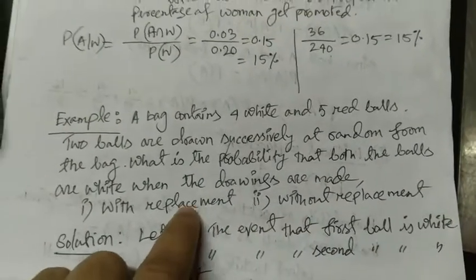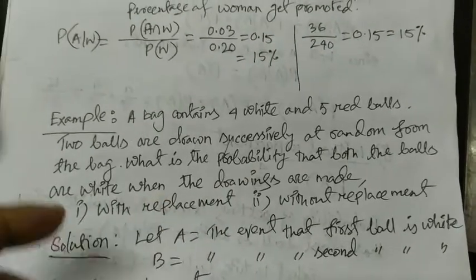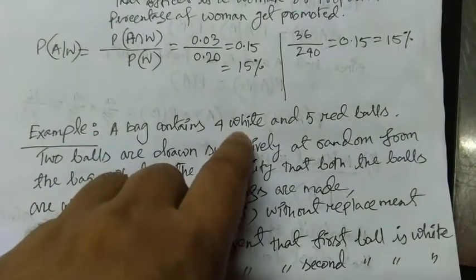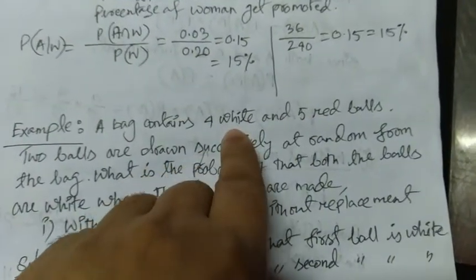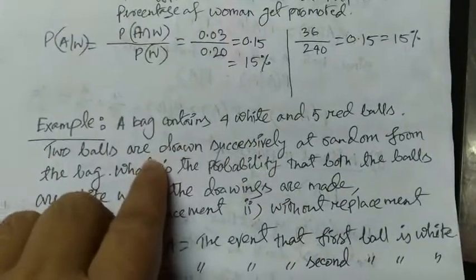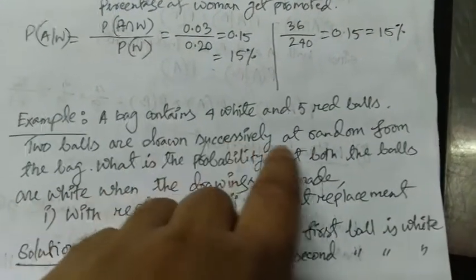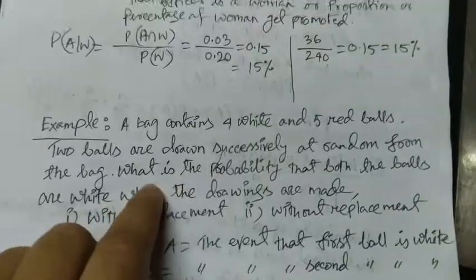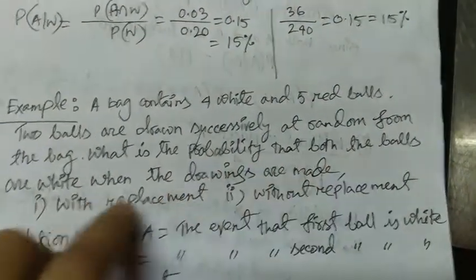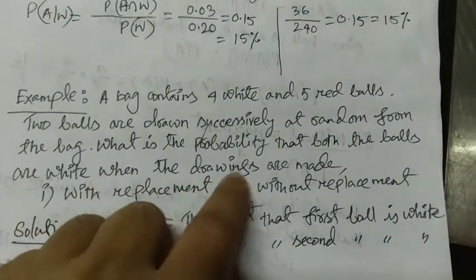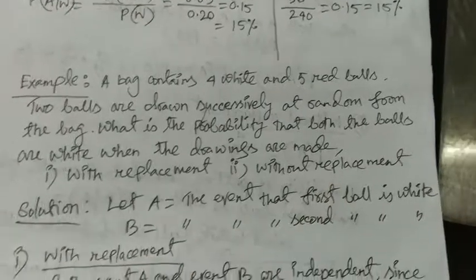The bag contains 4 white and 5 red balls, that means 5 plus 4, total 9 balls are there. Out of 9 balls you have to pick 2 balls successively and at random. So you need to find the probability that both the balls are white if the drawings are made with replacement and if the drawings are made without replacement.